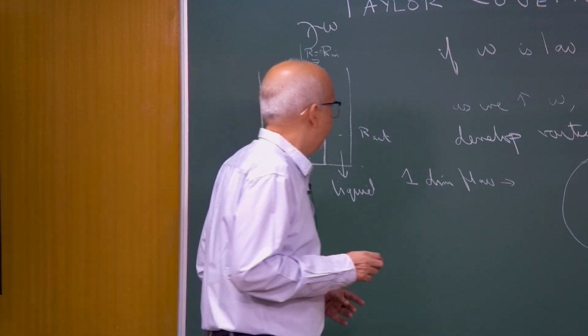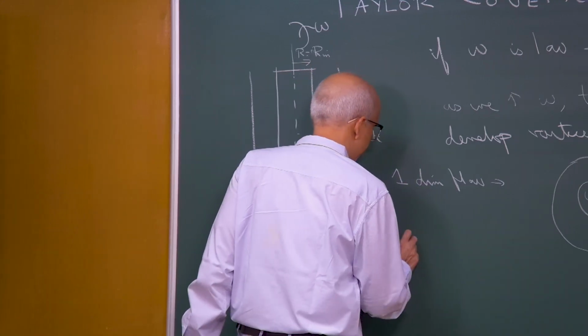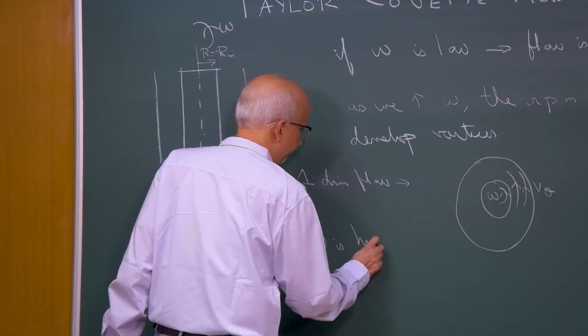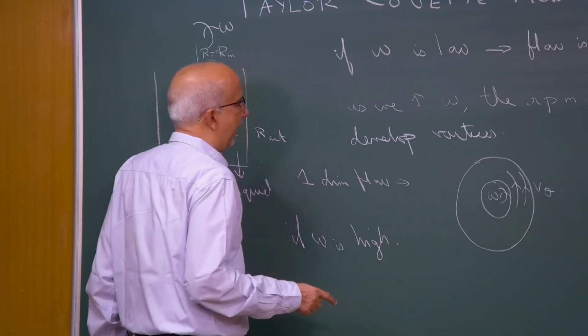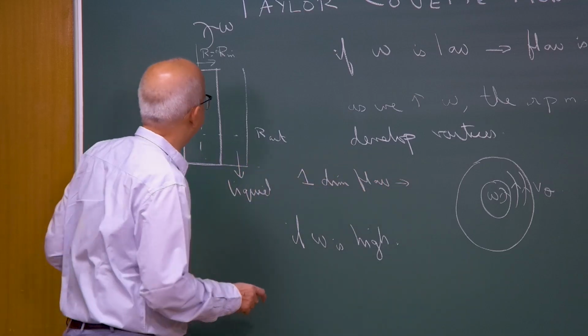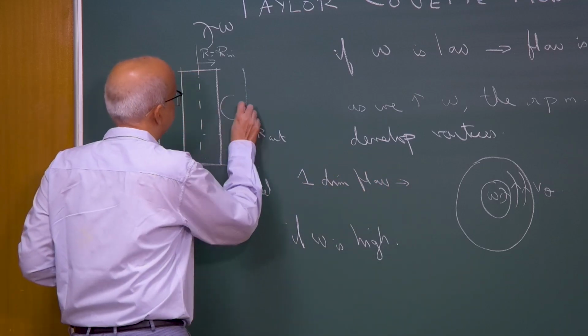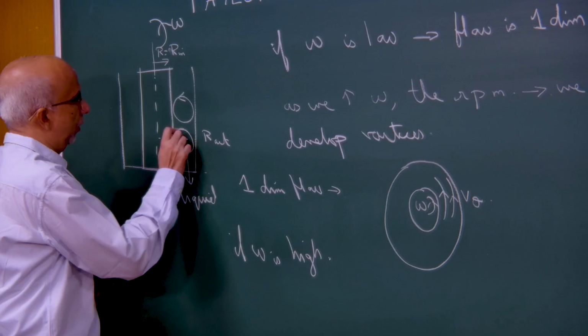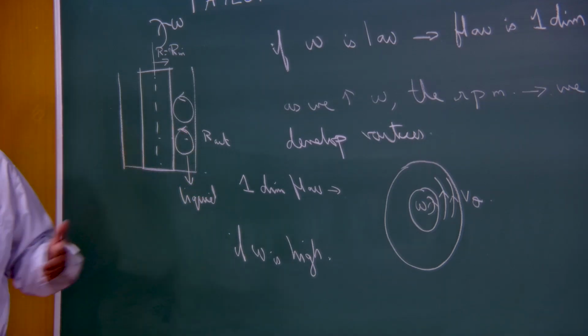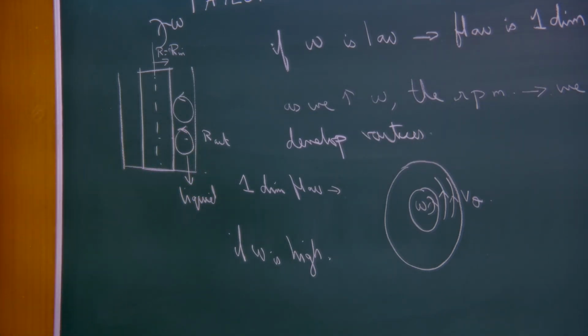If omega is high, what is going to happen is you have vortices of this kind. If you look at the cross section, the fluid is going to show vortices. Okay, these are called Taylor vortices.